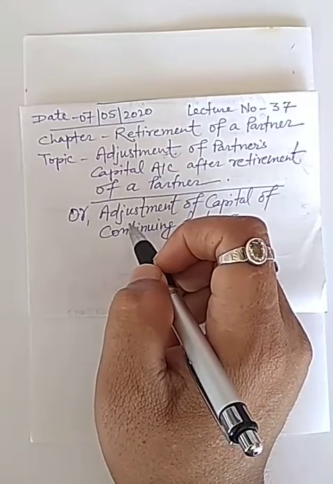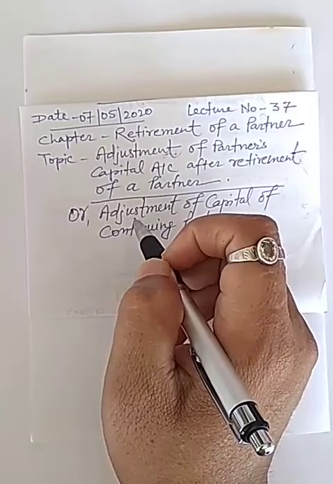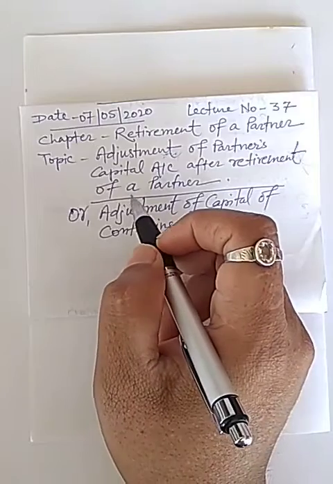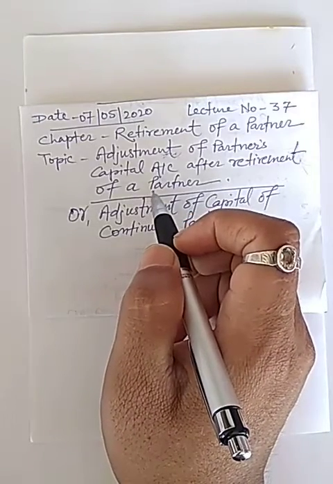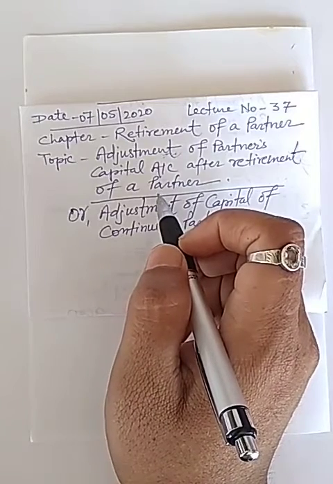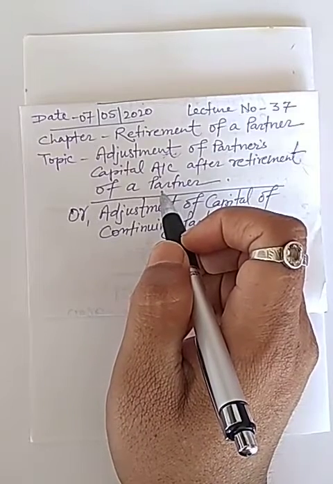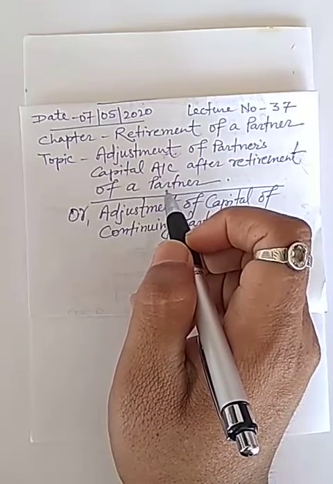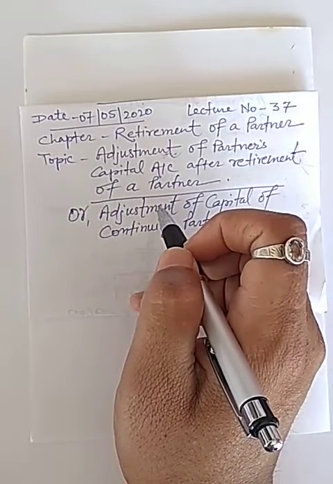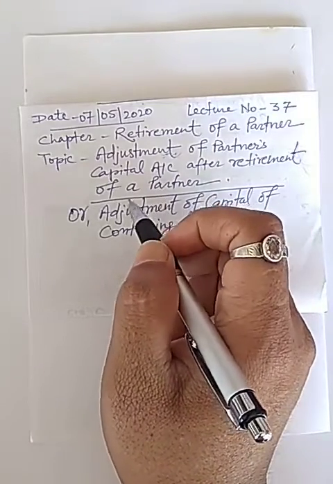If they so desire, the desired capital is compared with the actual capital of the partners, and the excess or deficit in capital may either be adjusted in cash or may be adjusted by opening the current account of the partner, as we have done in the admission chapter also.